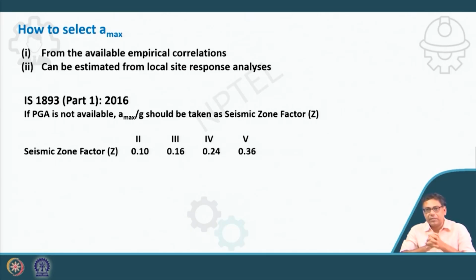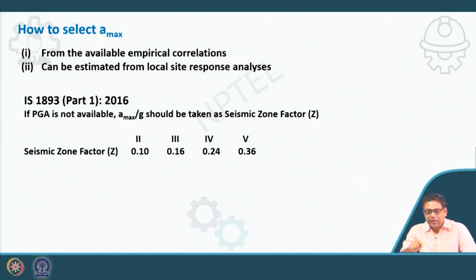If suppose you are getting the bedrock acceleration by using the correlations, then you have to do the ground response analysis, and you will get the ground surface motion, and from there the ground surface acceleration.